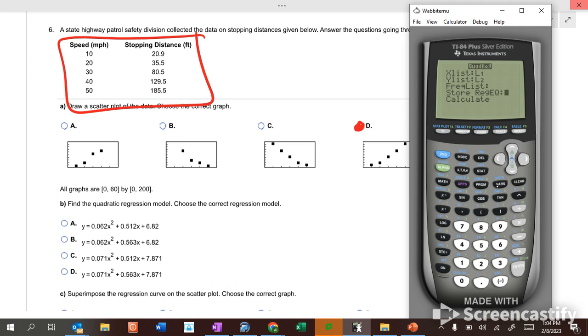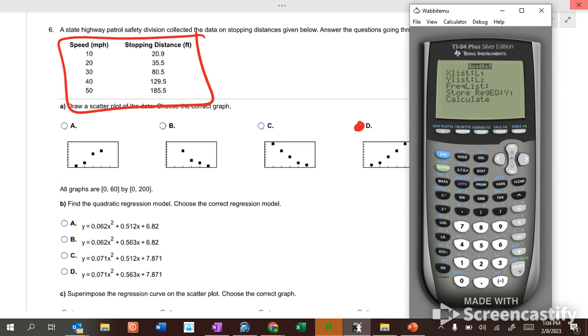How do I get Y1? I'm going to click the word vars. It's right next to program here, right by clear. I want my Y vars, so I'm going to arrow over to the right to Y vars and function. And I want to store it into Y1. So basically, I'm storing my regression equation into Y1.